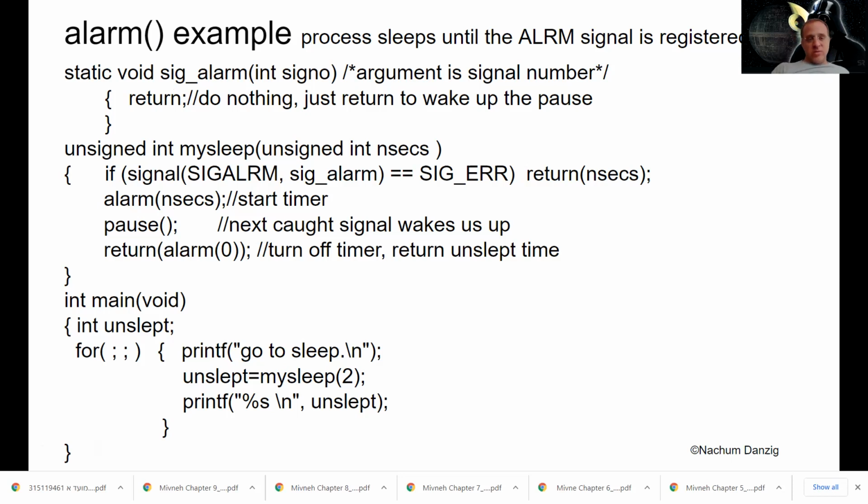So in other words, if I run the program like this, print, go to sleep, and I say my sleep, I run 2. So I'm setting the alarm for 2, and then I'm doing a pause, and then I'm waiting. And after 2 seconds, it sends a signal, it finishes and returns me the result of alarm 2. Unslept should probably be what value? What would you say the value of unslept should be here?